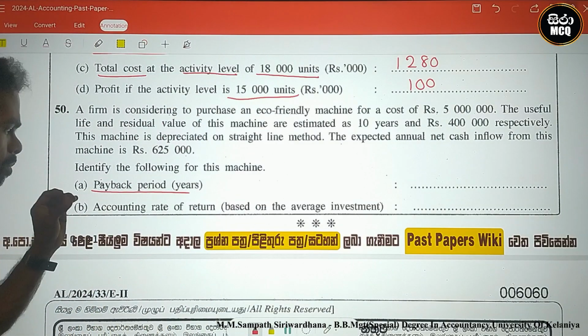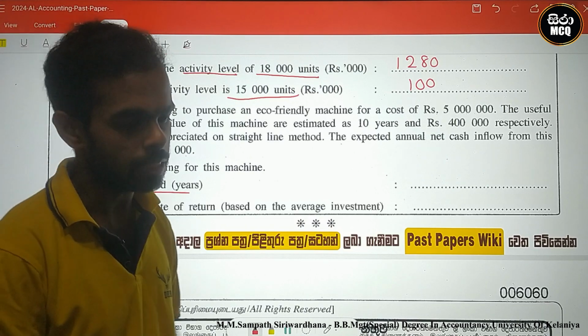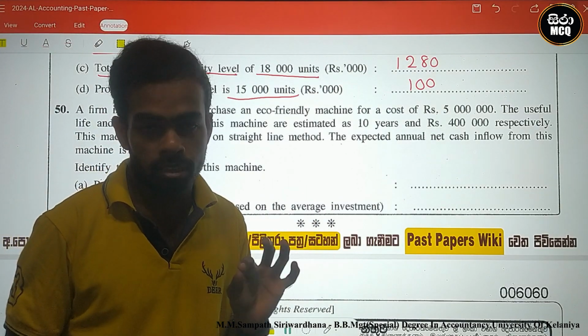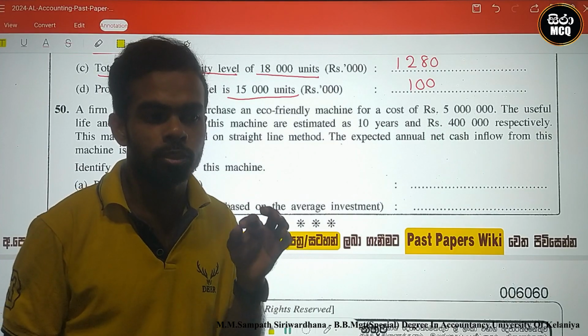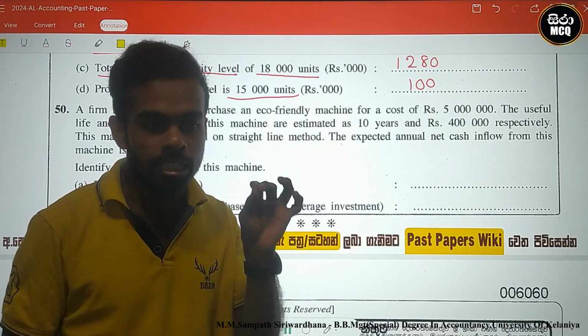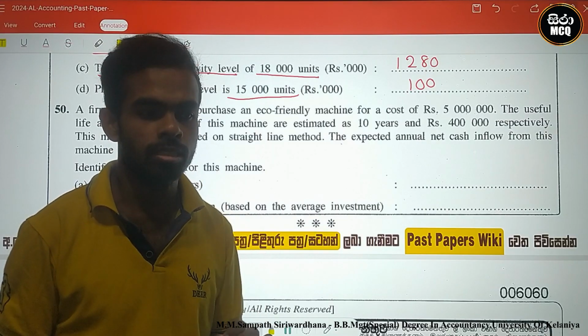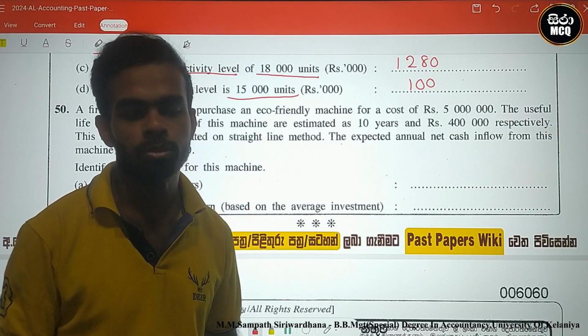How can we calculate the payback period? Payback period means how many years we need to spend to cover the initial investment using the annual net cash flows.